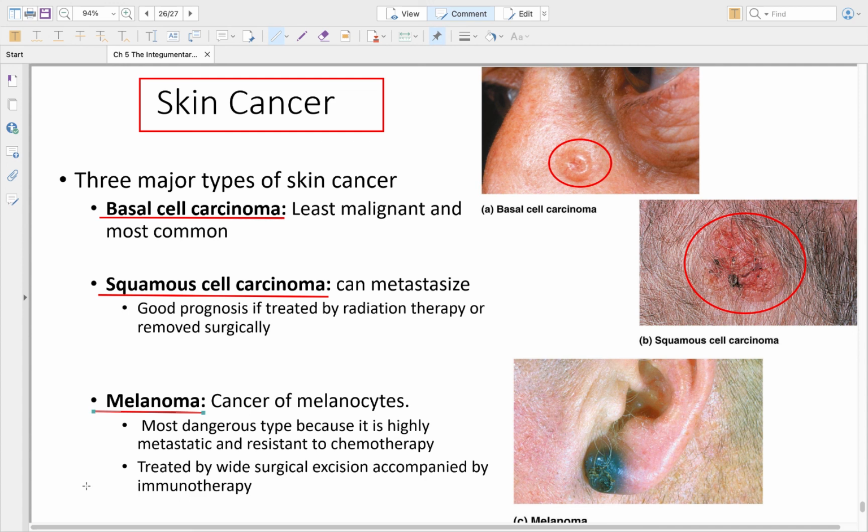And so therefore, there's got to be another solution. If chemo doesn't work on this, then we bring in immunotherapy, which is not that new. It's pretty old actually, but it's becoming more widely used to treat cancer.